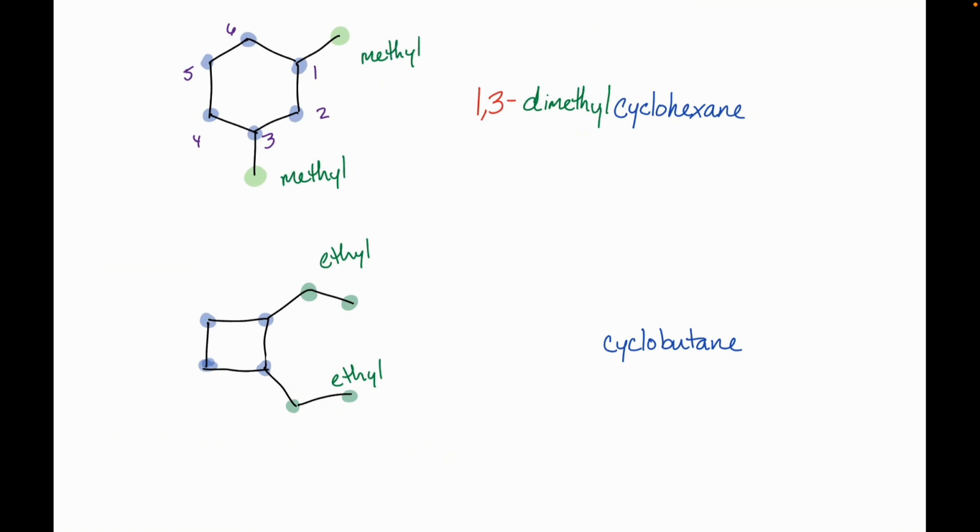And then when I do my numbering, again, I want them to have the lowest possible numbers. So one of them is going to be on carbon 1. The other one's going to be on carbon 2. So 1,2-diethyl cyclobutane.